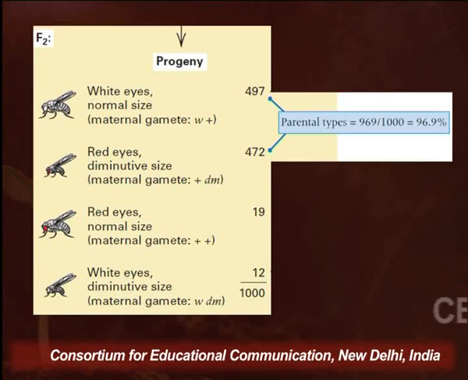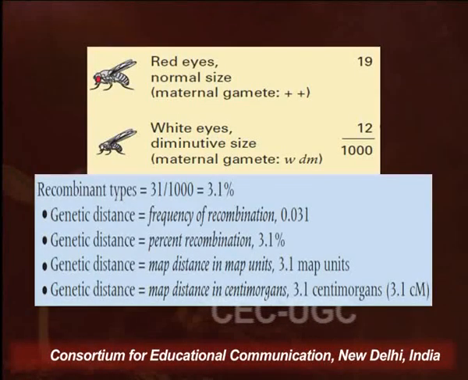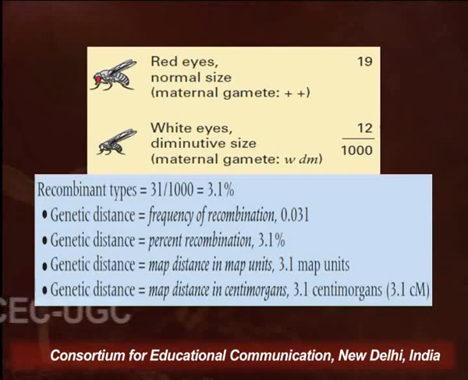That means 969 have not undergone recombination at all, and the recombination is seen only in 19 plus 12, which means 31 out of the 1,000 progeny. So how do we now classify and give a nomenclature? The recombinant types are 31 by 1000, which comes to 3.1%.